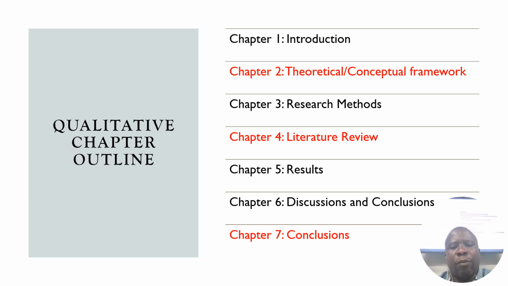Then in chapter 3, research methodology and research methods. These are two different terms, so it's very important for you to get familiarized with them. Then from there they go to literature review and the results, then discussions and conclusion.